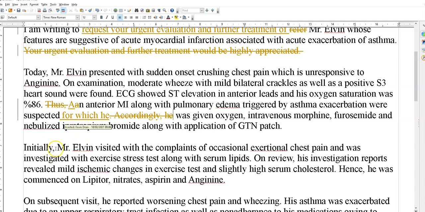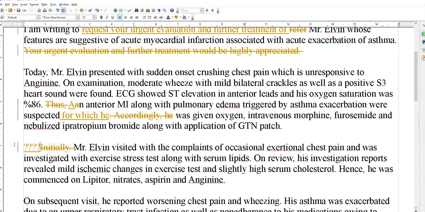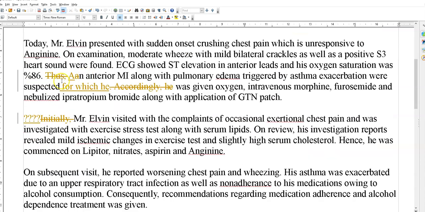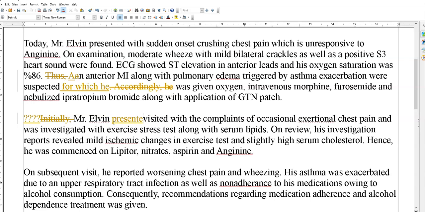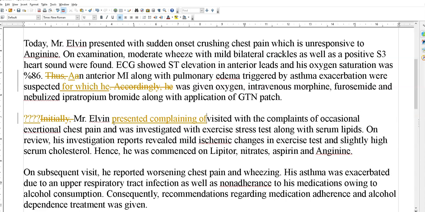Now, initially is meaningless. What was the date? What date did he come? Date. When? Put that first. Mr. Elvin visited. What? He was out for a stroll and he just paid you a visit? Did he drop in for a cup of tea? No, he probably didn't. Presented complaining of occasional chest pain and was investigated.